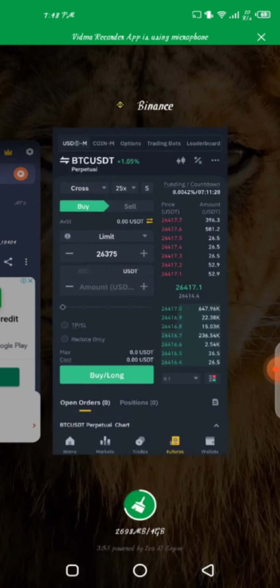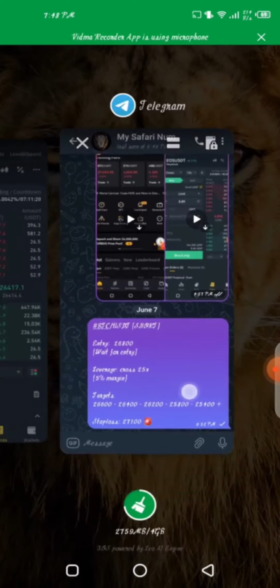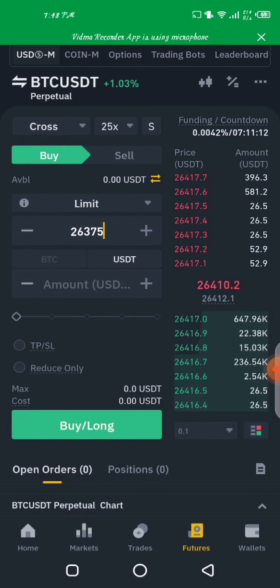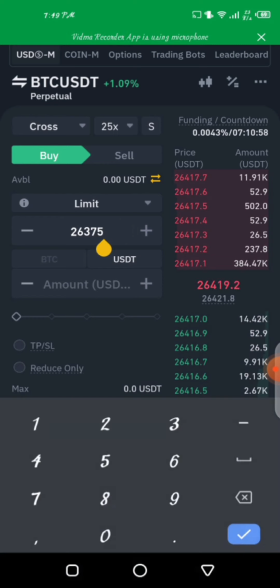So now the signal that I was talking about, that we are going to be taking now, is, let's say, entry 26,800. Let me just use the current entry price here, which is 26,430, just for this video.